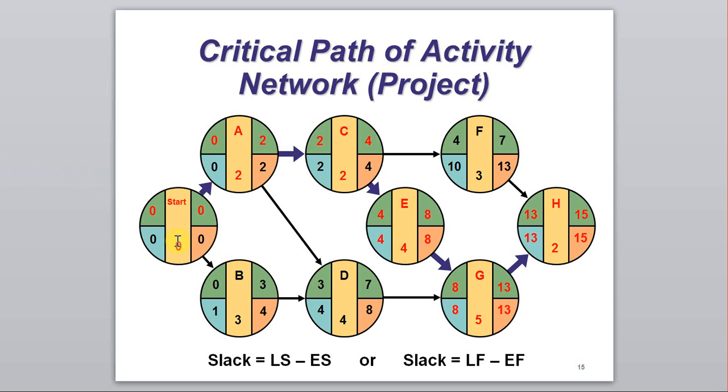Mathematically, it has been proved that the critical path, which consists of the critical activities, is the longest path in the network, and it is also the shortest time in which you can complete this project. Once the critical path has been completed, all the activities in this network are also completed.